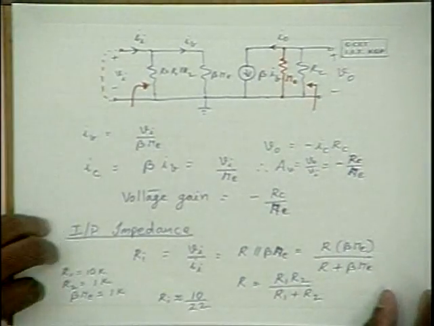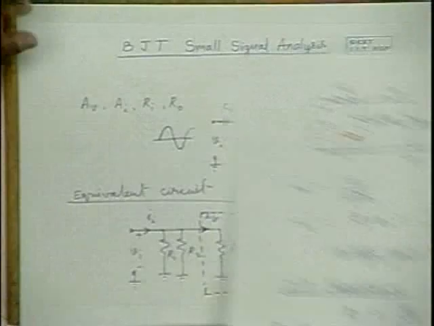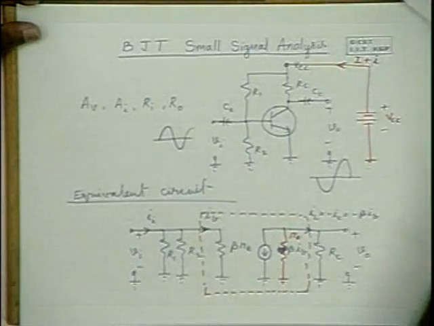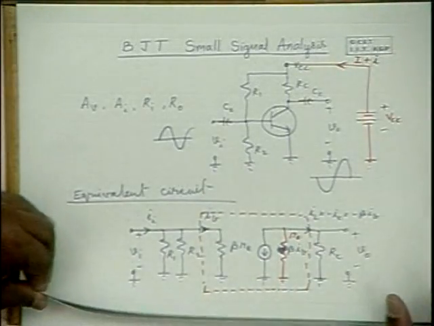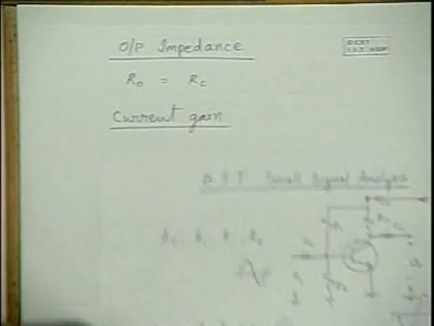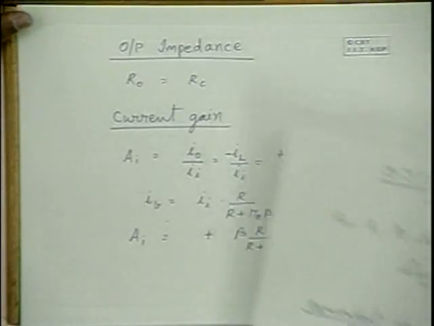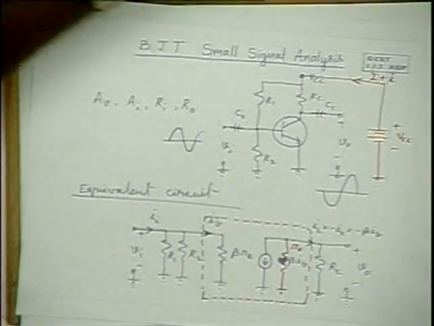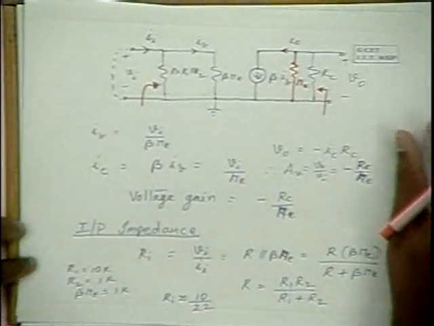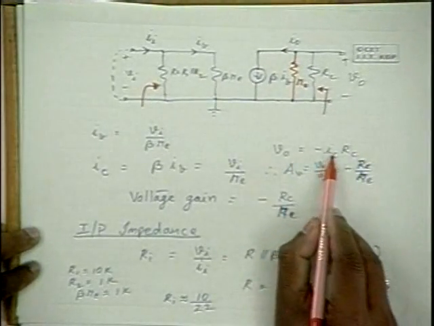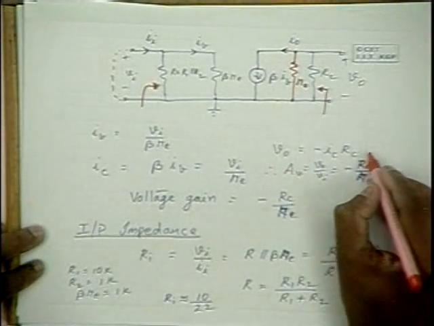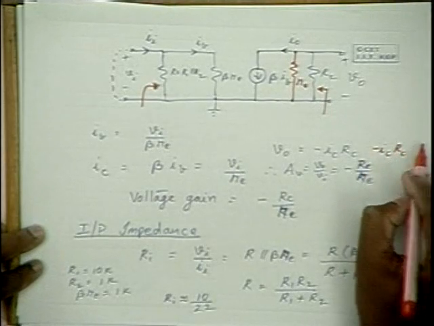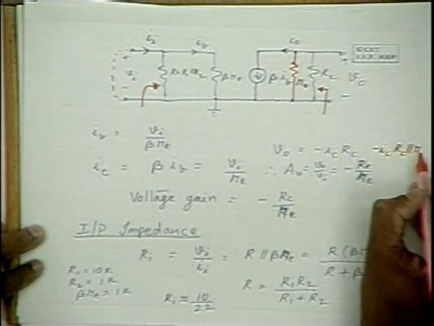Hence, in the expression for the output voltage, V naught is minus IC into RC in parallel with R naught.